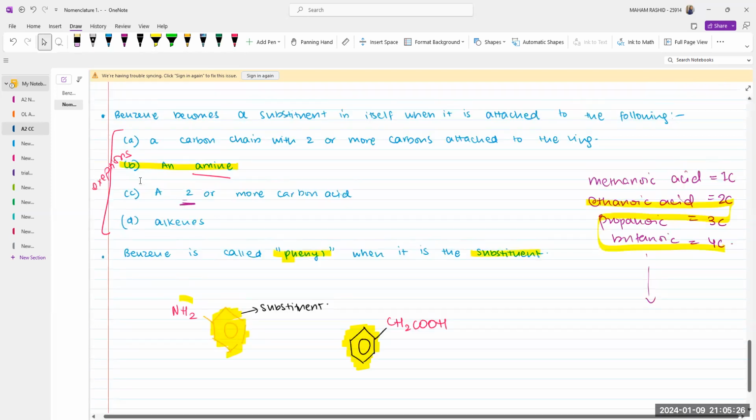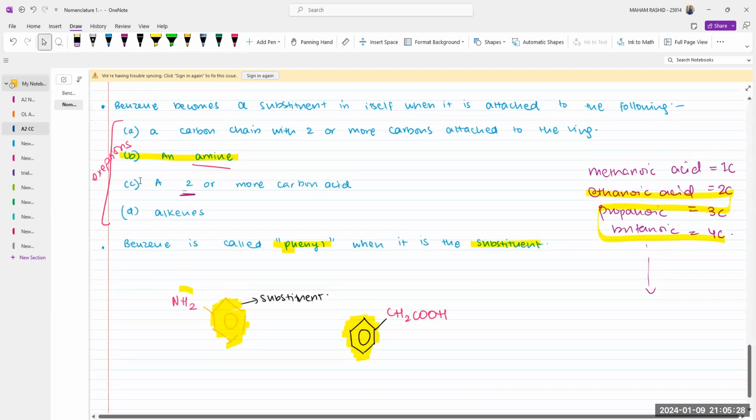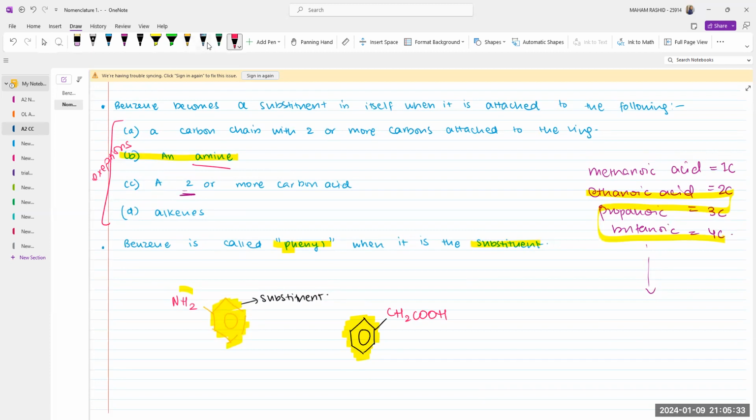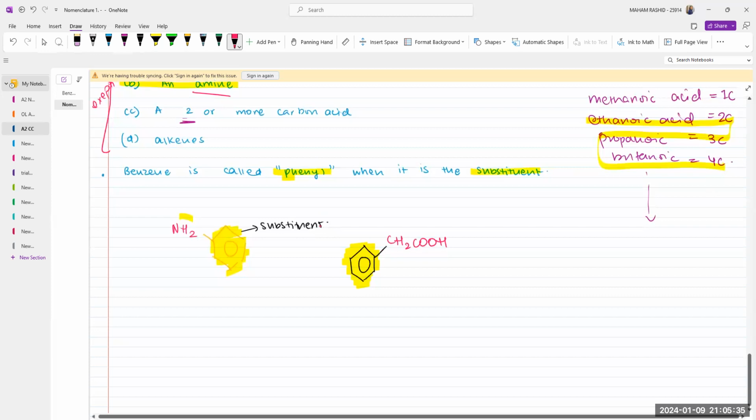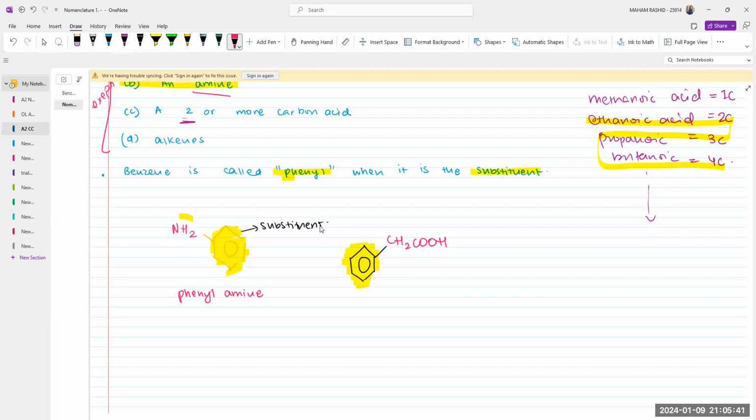And these are the cases when it is a substituent. So here we're going to be naming benzene as phenyl. So the name here is going to be phenylamine. Here it's going to be phenyl ethanoic acid.